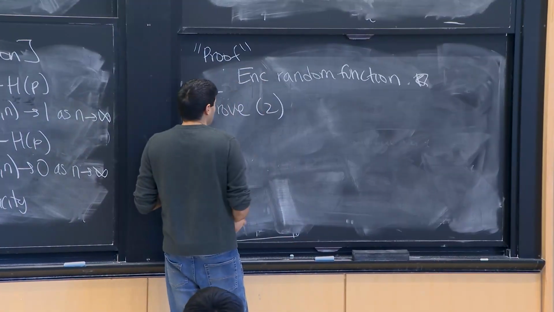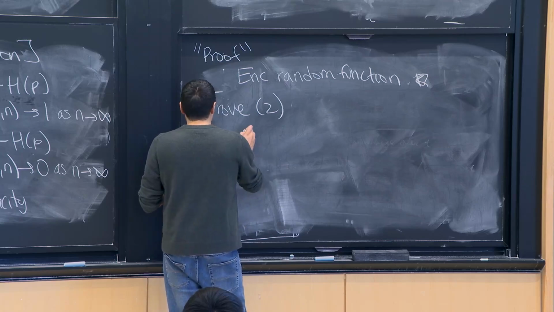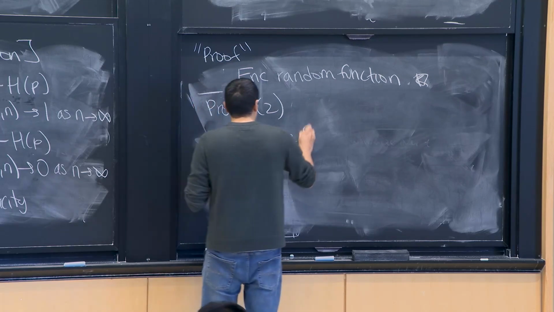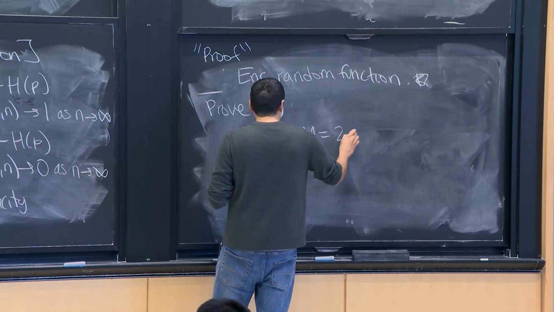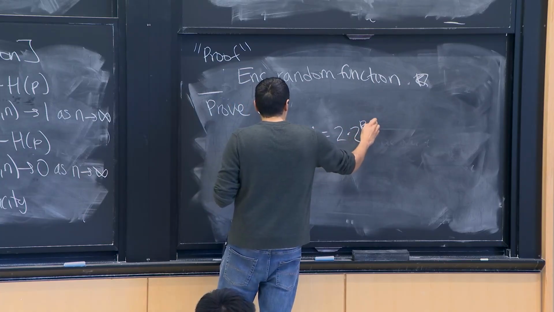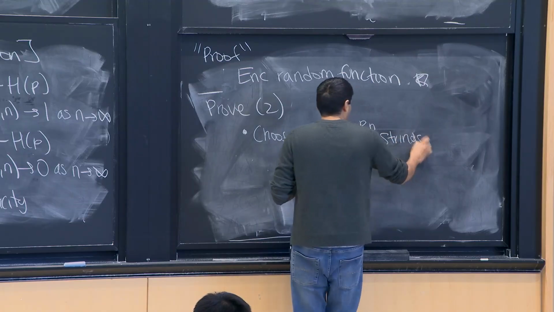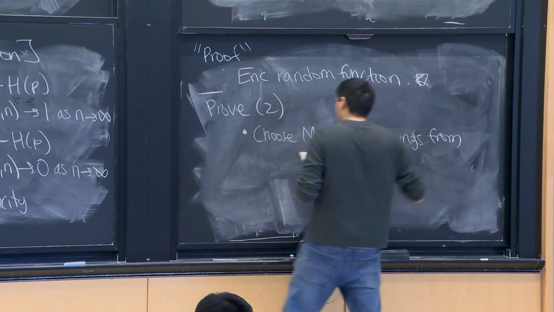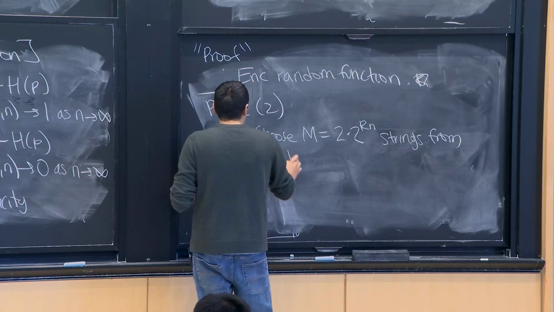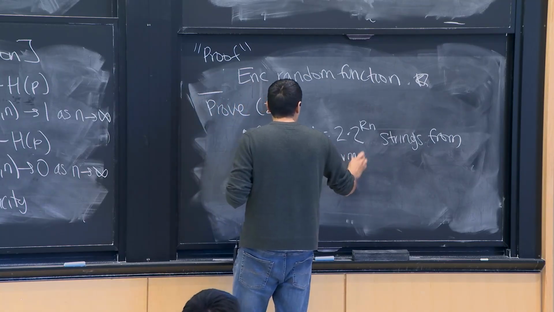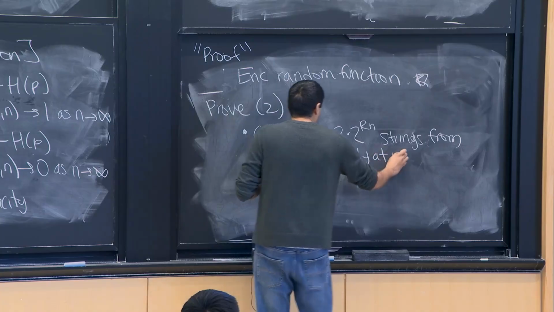And let me be more precise about what I mean by encode. I'm going to choose M, capital M, equals 2 times 2 to the Rn strings from my domain {0,1}^n uniformly at random.